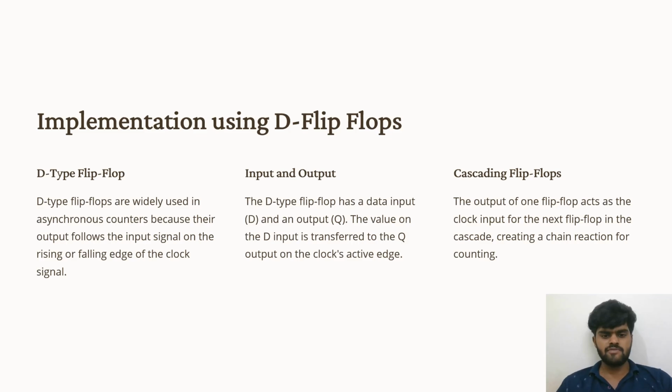The D-type flip-flop has a data input D and an output Q. The value on the D input is transferred to the Q output on the clock's active edge. Cascading flip-flops. The output of one flip-flop acts as the clock input for the next flip-flop in the cascade, creating a chain reaction for counting.